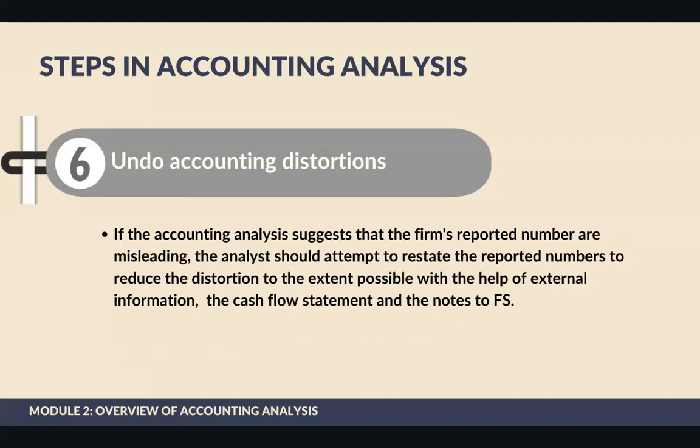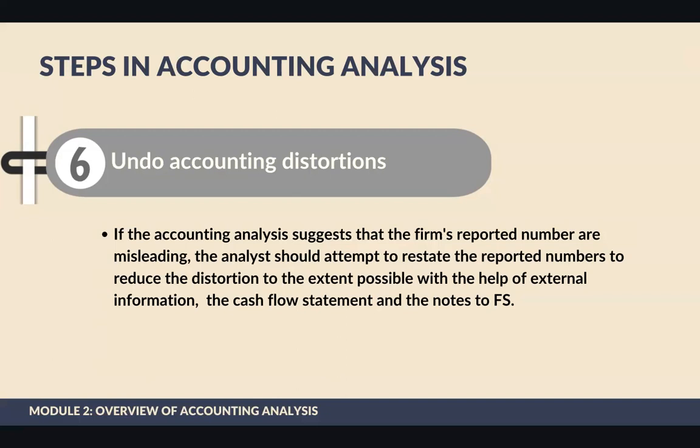So, if the accounting analysis suggests that the firm's reported numbers are misleading, the analyst should attempt to restate the reported numbers to reduce the distortion to the extent possible with the help of external information, the cash flow statement, and the notes to FS.